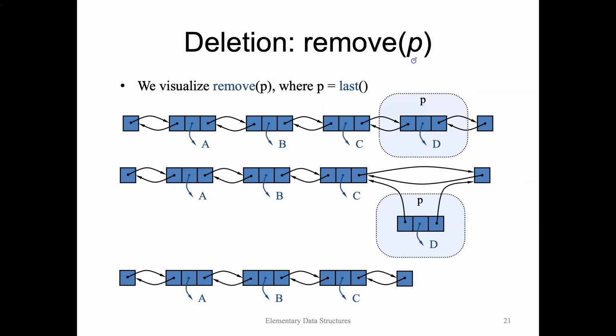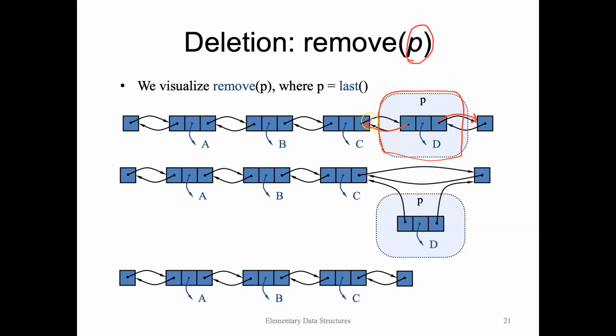Remove. So we're given a position, so we already immediately have access to this entire node. We're not looking for it, we're given that as an argument. So we want to remove this node, and let's just say we're removing the last node, but this could be anything. Given this position, we know which item comes after it already, and we know which item comes before it. Right?